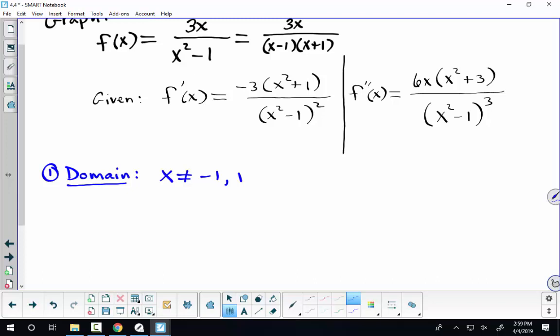And then we've got to think about what other information we know about these types of functions. I know how to find the x-intercepts, if there are any, and the y-intercept. I hopefully should know or be able to determine if there are any holes, vertical asymptotes, and horizontal asymptotes.